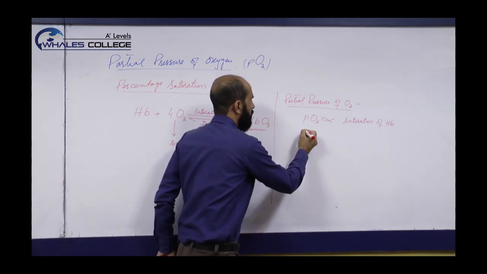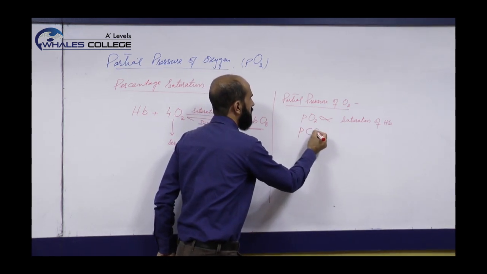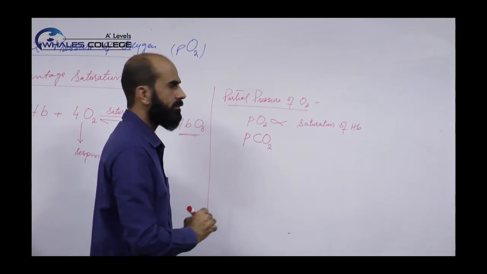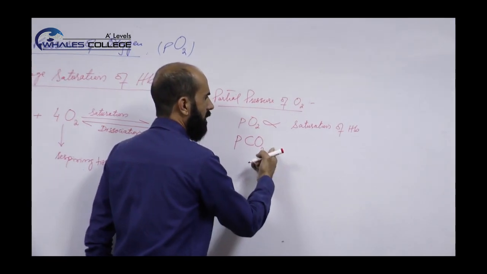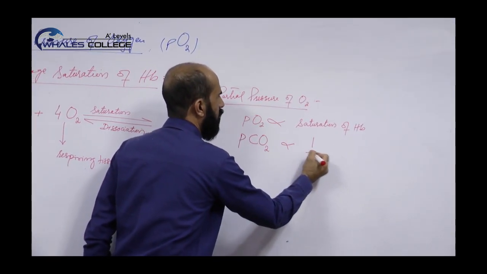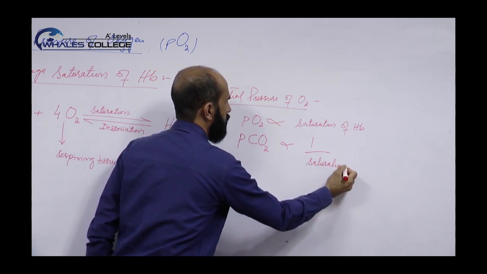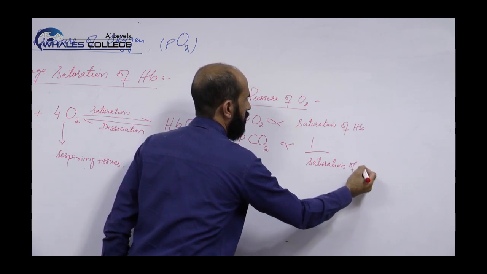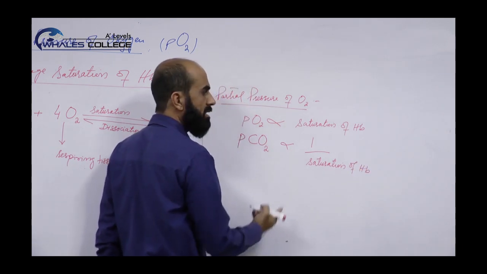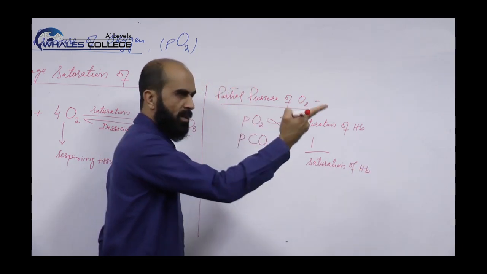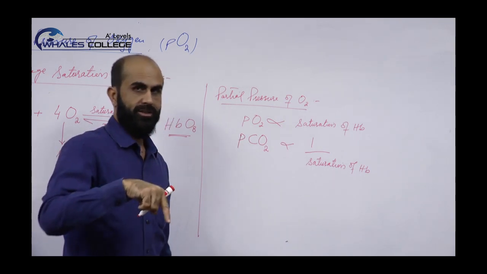So we say partial pressure of carbon dioxide is inversely proportional to saturation of hemoglobin, which means it is directly proportional to dissociation.